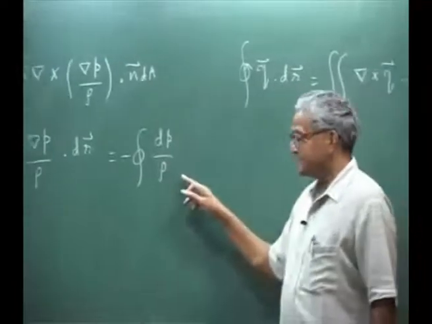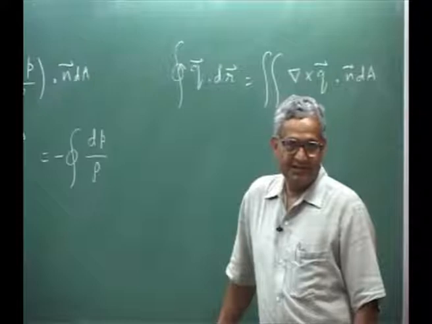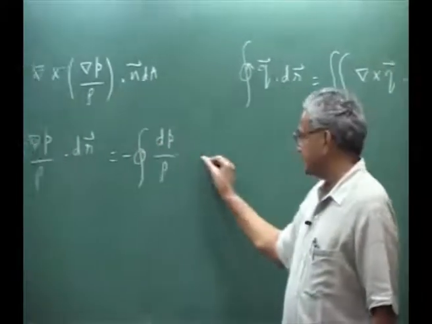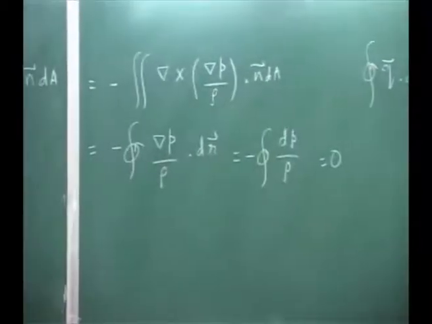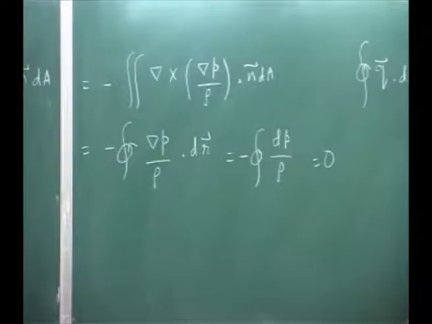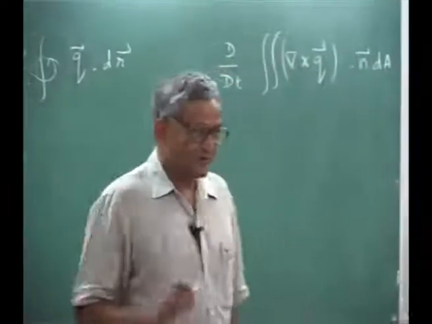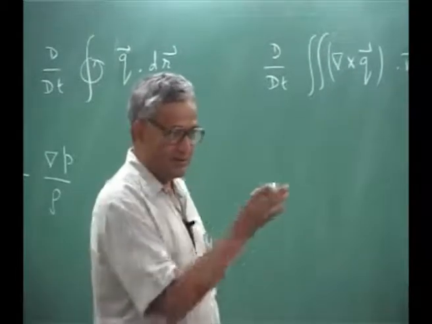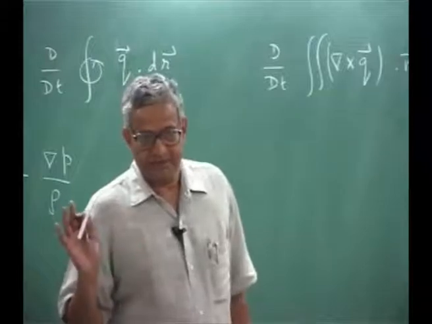Now you know that pressure is only a function of density, therefore this closed integral is 0. Because we said that it is a barotropic fluid if it is inviscid and also an isentropic flow. So first we gave that proof: isentropic, inviscid flow gives you that pressure is only a function of density.